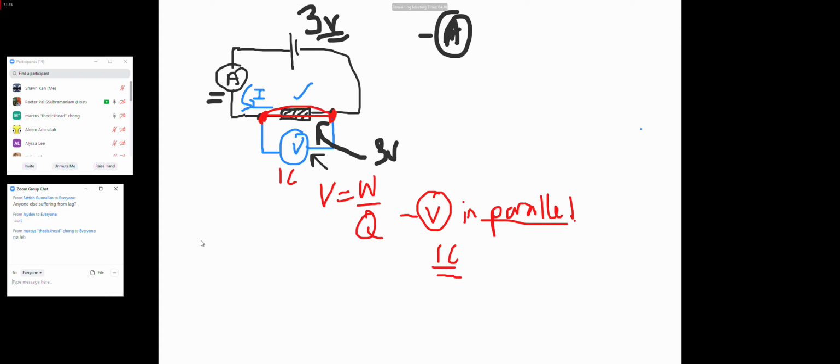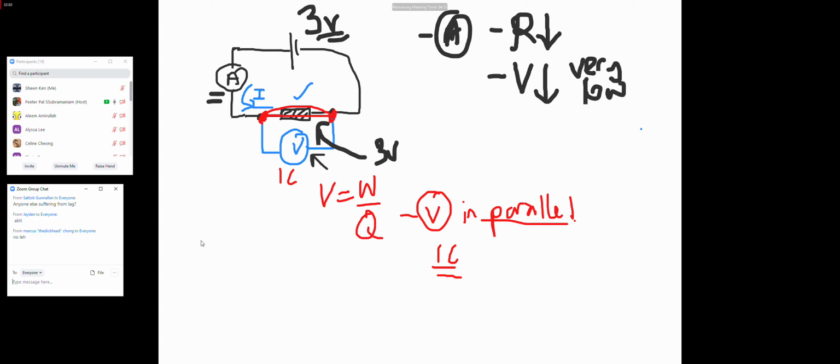So the characteristics of an ammeter is, see, an ammeter must have very low resistance across it. Therefore, the ammeter will use a very low voltage across it, and that amount is actually neglected.